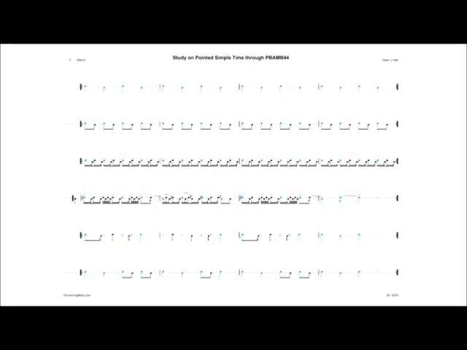And the first line is just all of the beats. So if I play along to my metronome, just on 60 BPM, that first line goes like this: 1, 2, 3, 4.